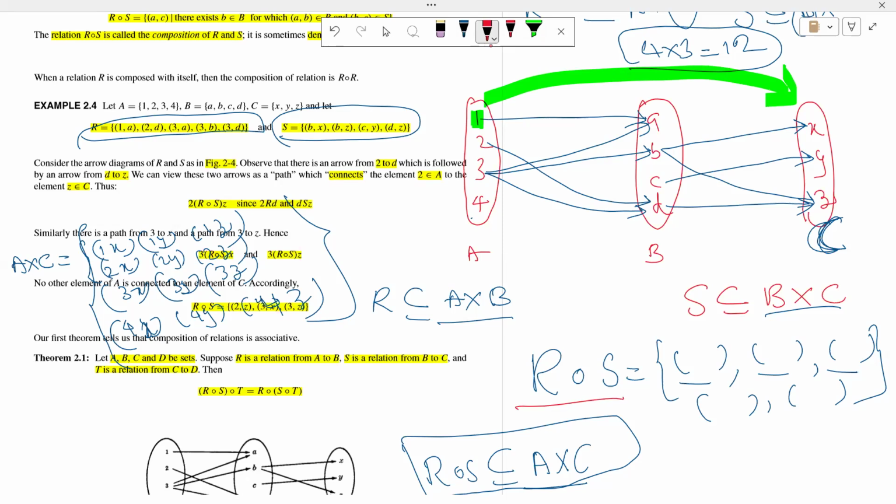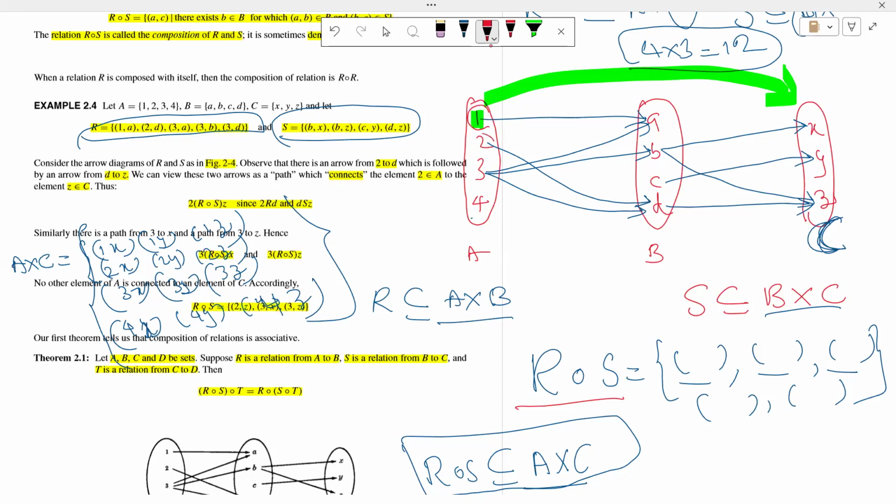If you look at 1, we can move to a. From 1 to a there is a relation, but from a there are no arrows to move to C, right? So there is nothing with 1.